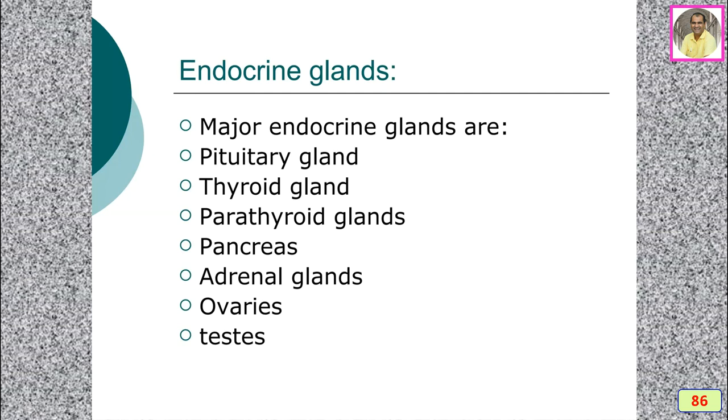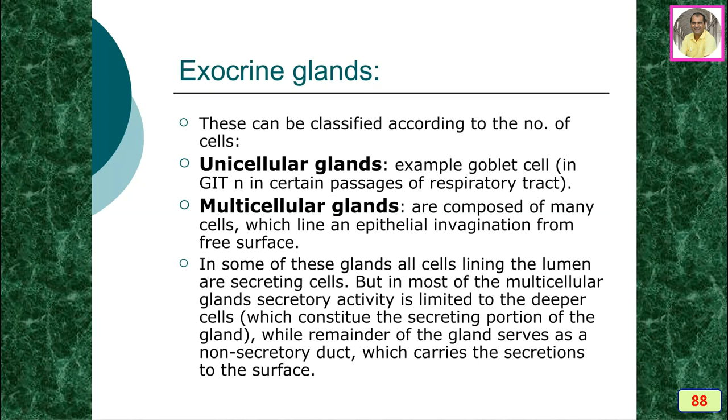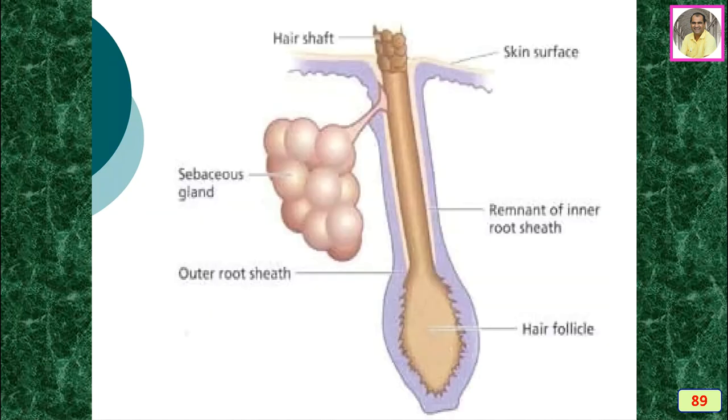So from head to tail, many types of glands are seen. As explained earlier, they are either unicellular or multicellular, and sebaceous glands have bunches of cells, containing the outer root sheath and hair follicles. Then there is a remnant of the inner root sheath, and the skin interface is outside the gland.